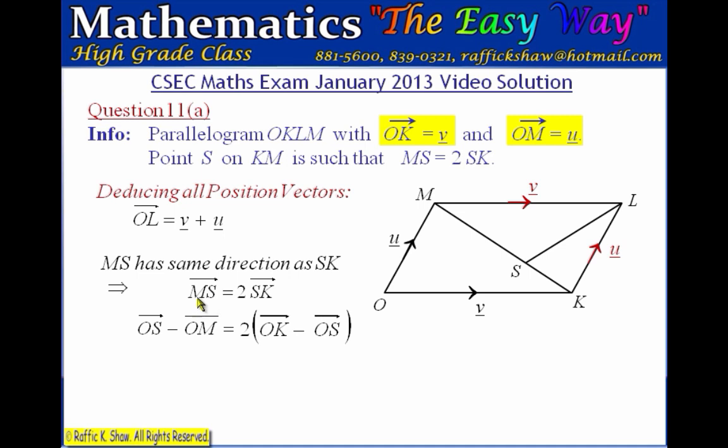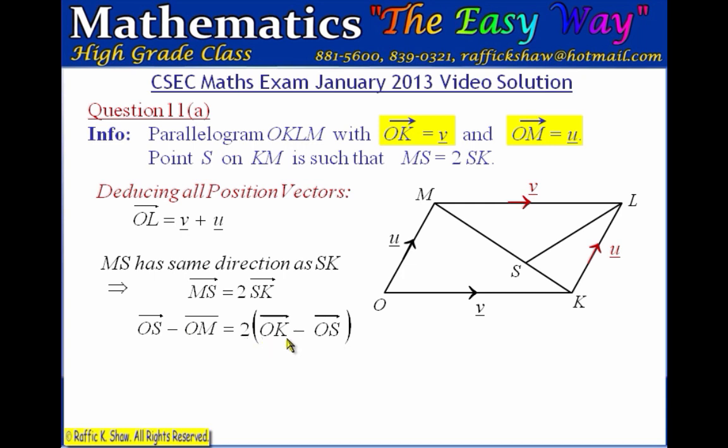That's O times the last minus O times the first. So we have replaced MS on this side of the vector equation with OS minus OM. And then the vector SK, we can split into OK minus OS. That is, the vector SK is equal to OK minus OS, O times the last minus O times the first. And this 2 remains outside the bracket.